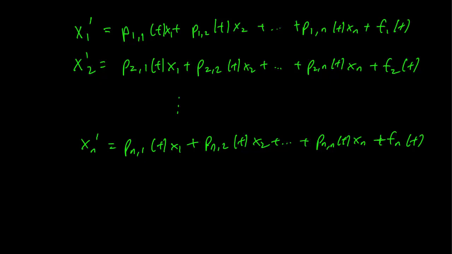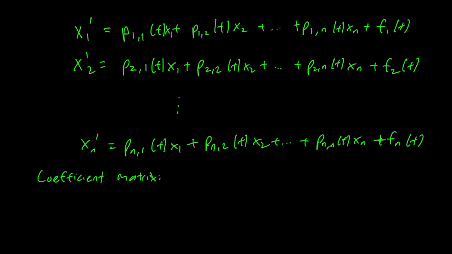You have this really, really complicated system of differential equations, and it's nice to be able to use the matrix notation to simplify things a bit, and we can write what is called the coefficient matrix of this system of linear equations.